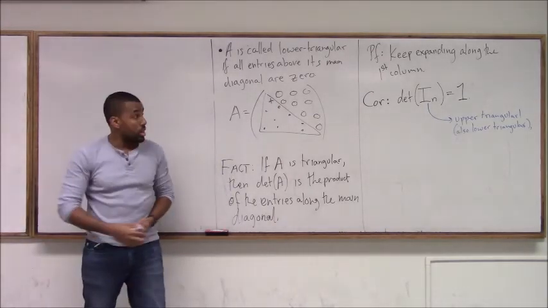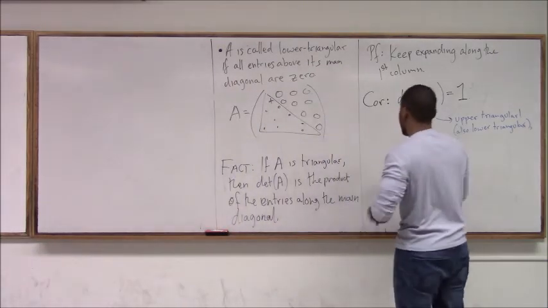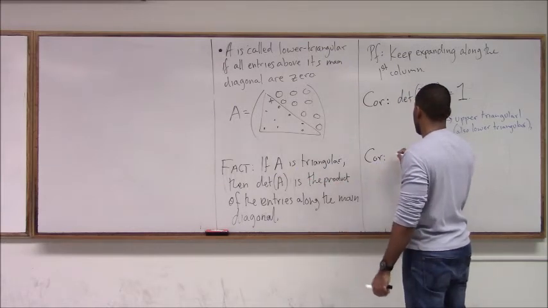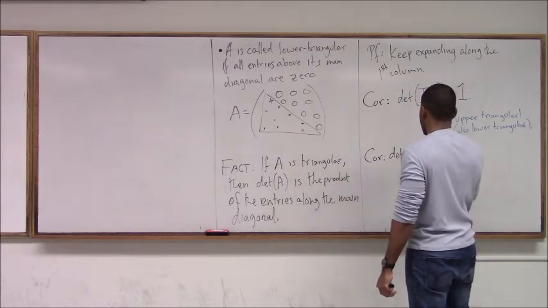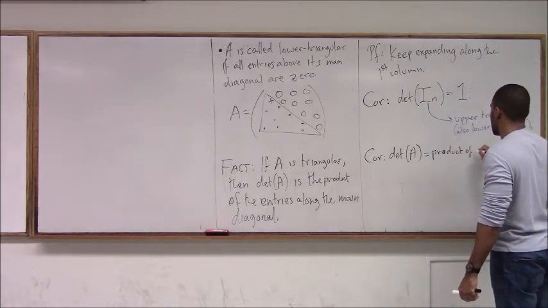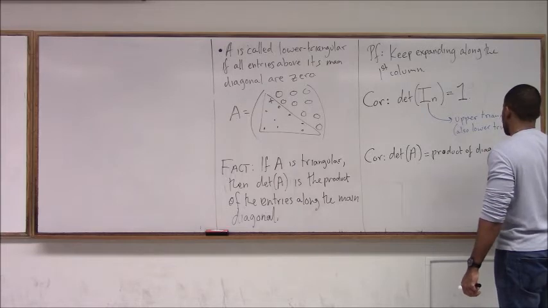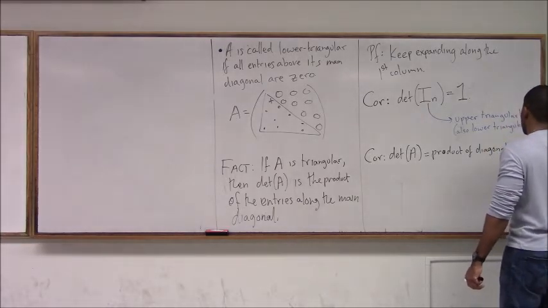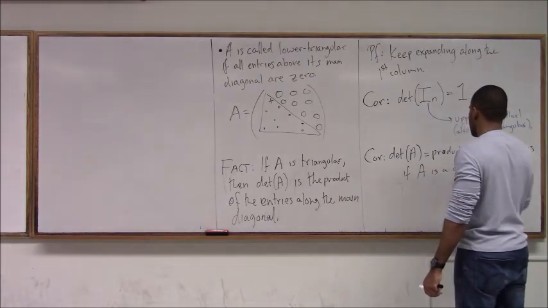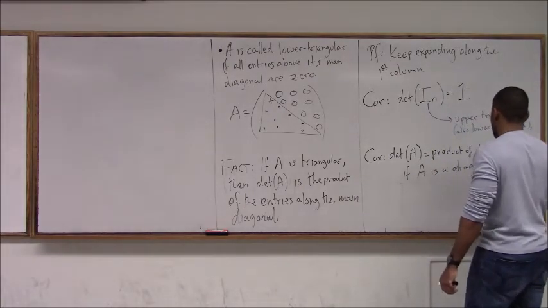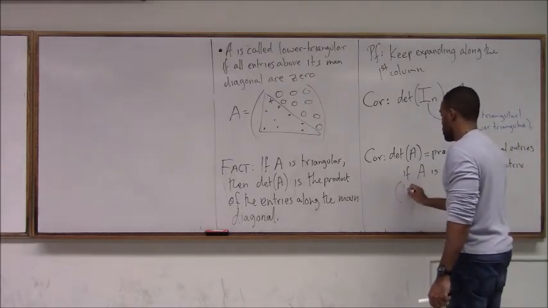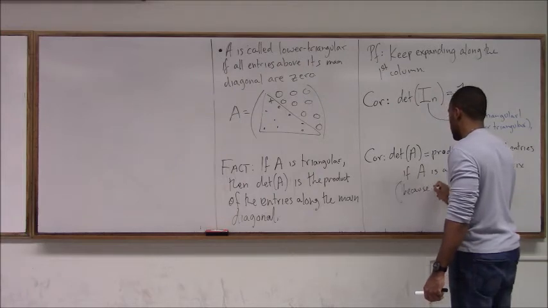It also means the determinant of any diagonal matrix. This will still be true: the determinant of A equals the product of diagonal entries, if A is a diagonal matrix, because it would be both upper and lower triangular.